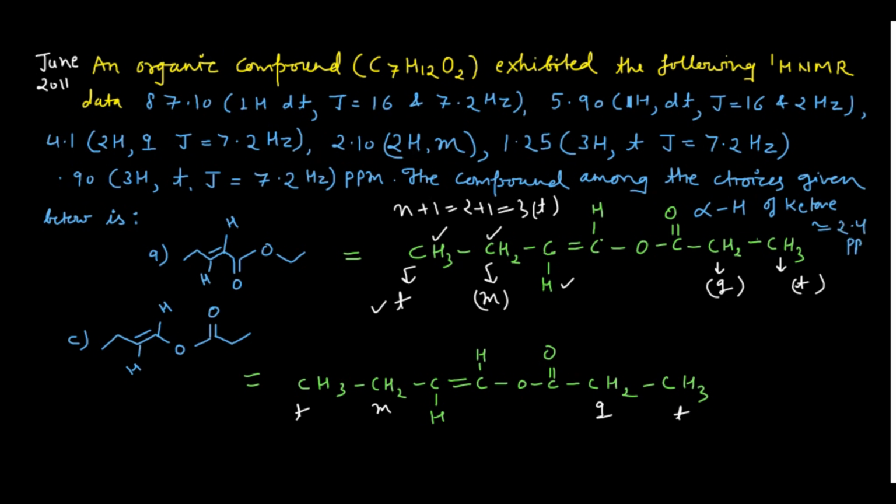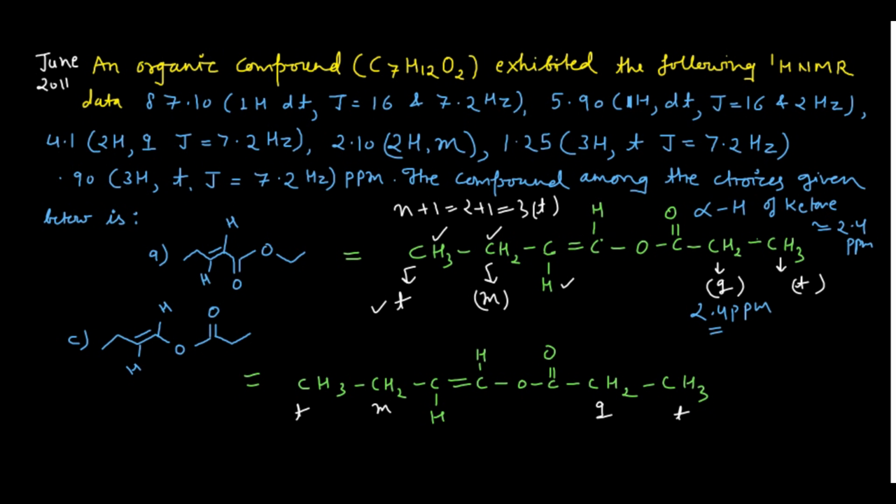Please remember 2.4 ppm. This is the carbonyl group, and these are the alpha hydrogens, so they must have a chemical shift around 2.4 ppm. And now you can see here in the second question, a 2 proton quartet at 2.4.